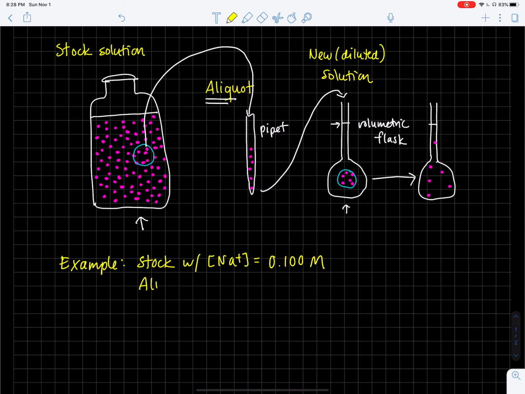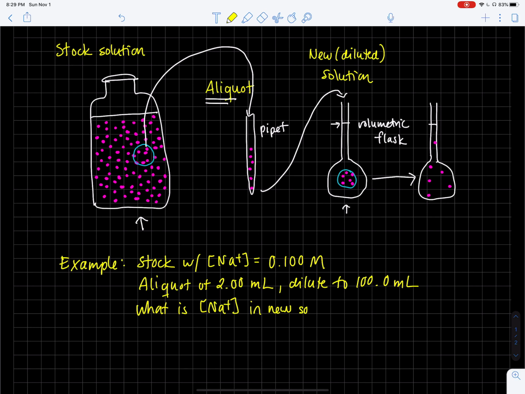We take an aliquot of 2 milliliters, and we're going to dilute it to 100 milliliters. That means our new volumetric flask will have a total volume of 100 milliliters. So the question is, what is the concentration of sodium in the new solution?